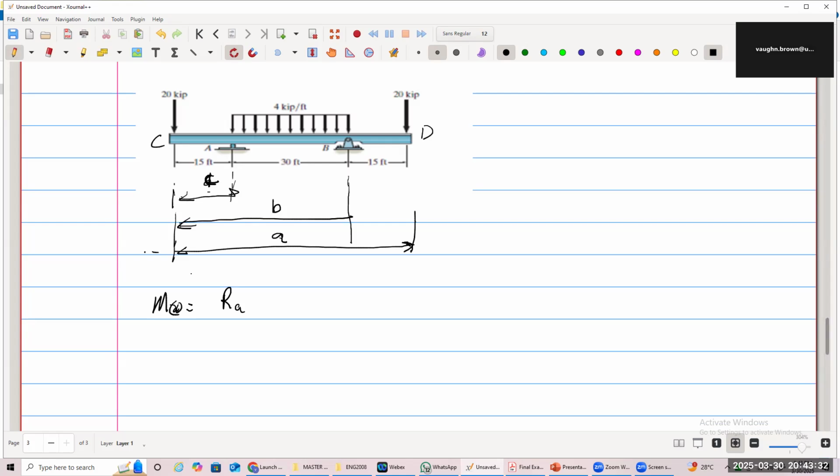So the formula is looking something like this. Rx plus, if you have a point load, whichever point load you have between any point. So you have a point load at C, so you'll have X minus C, right?